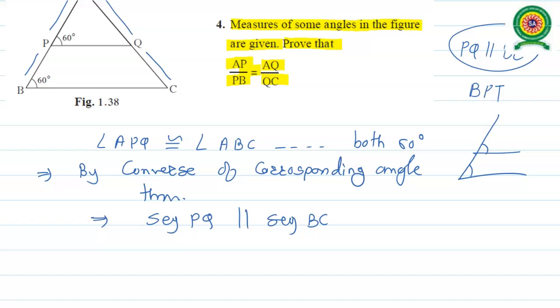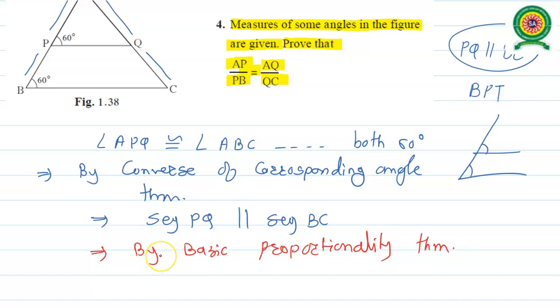Once PQ is parallel to segment BC, we can write by the basic proportionality theorem: whatever intercepts are made on lines AB and AC are in equal proportion.